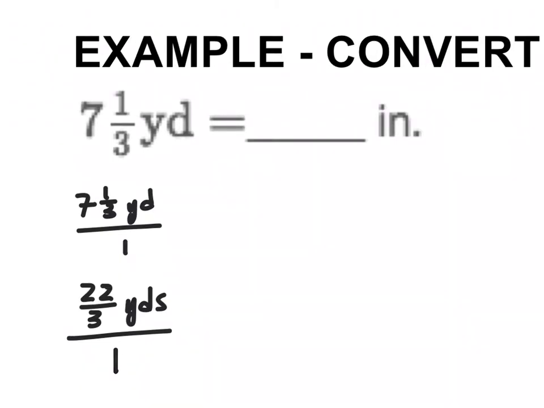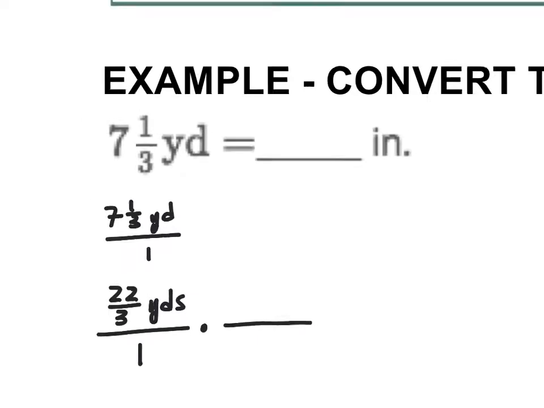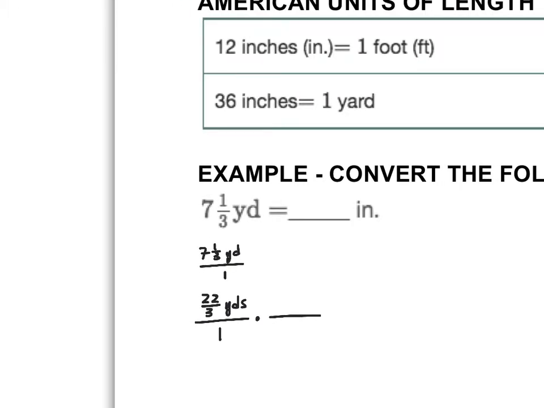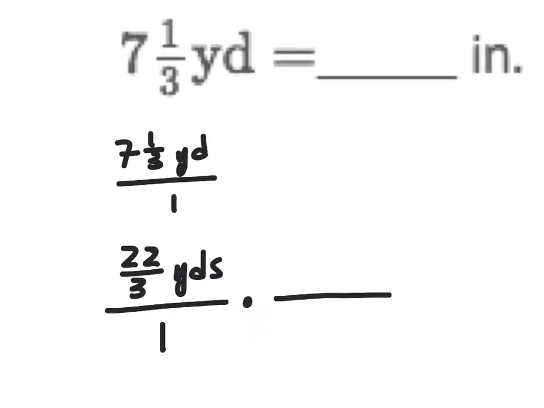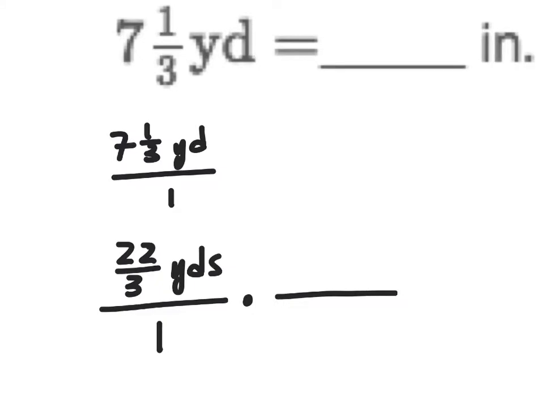Now I want to multiply this by another fraction, using the conversion that I know: 36 inches is equal to 1 yard. So I'm going to multiply this fraction, 22 thirds, by 1 yard down here and 36 inches up here.